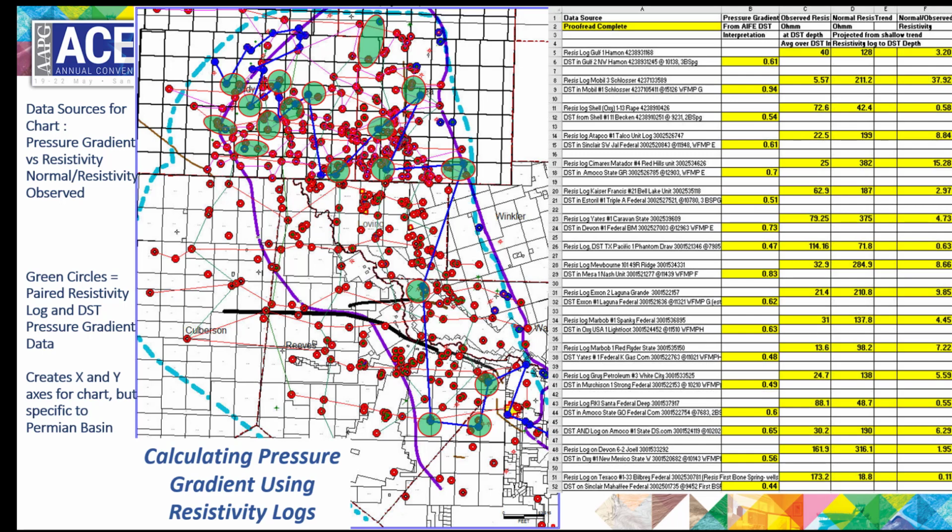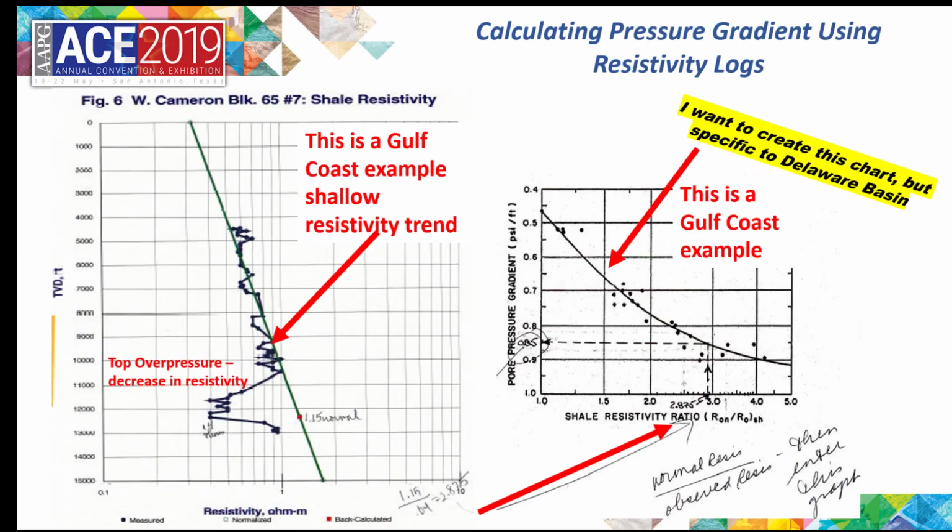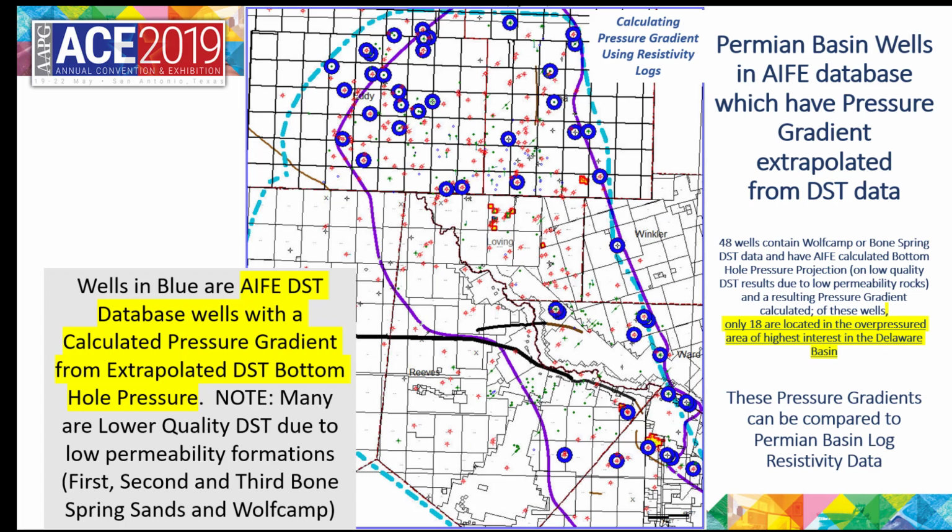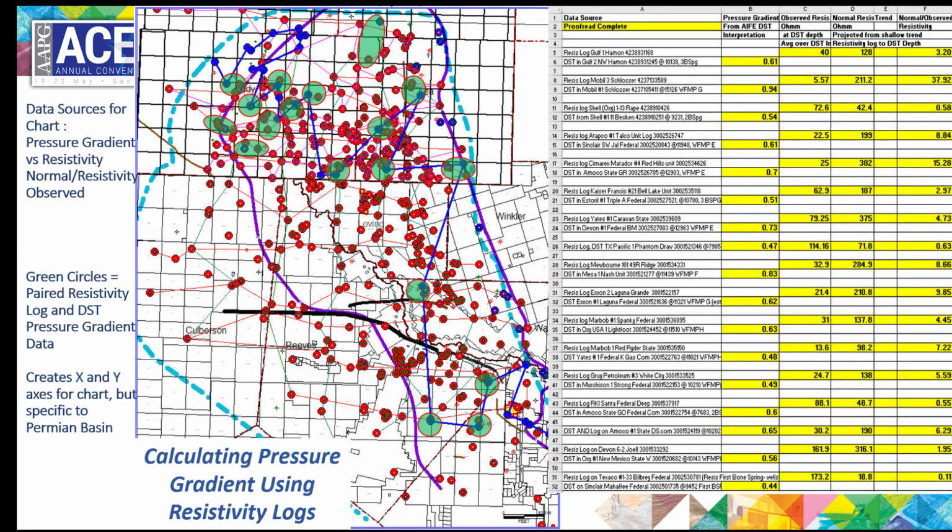So then I'm able to take, let's go back to, what I'm looking for is this shallow resistivity trend. What's this value? And compare it to this one here. And I'm doing that for these data points. This is the observed resistivity. This is what it ought to have been.